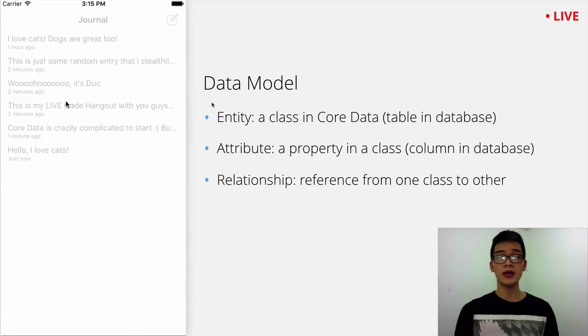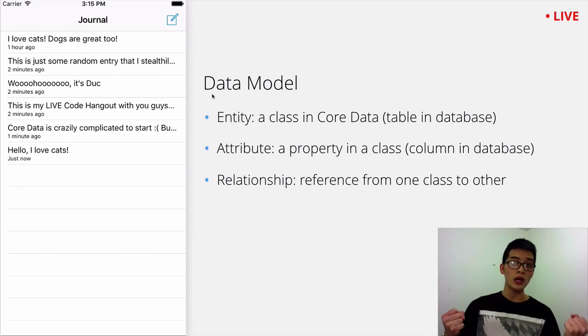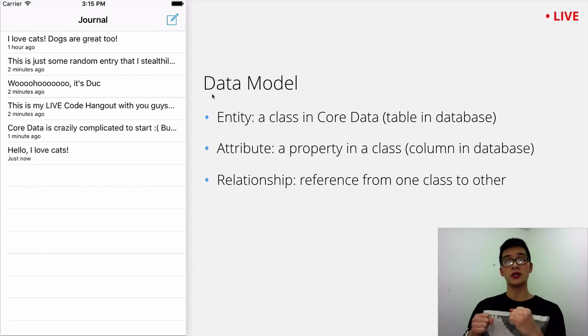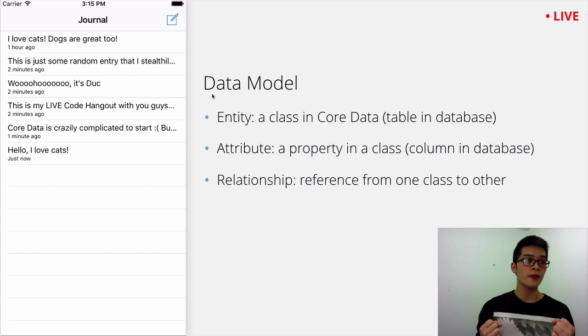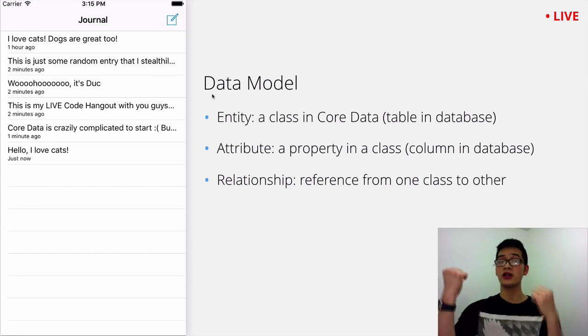A relationship is a reference from one class to the other, okay, or from one entity to the other. Now let's say we are modeling a photo browser app, okay? In the photo browser app, we have an entity called a Photo. And we have another entity called a Photographer, okay? The photographer and the photo.